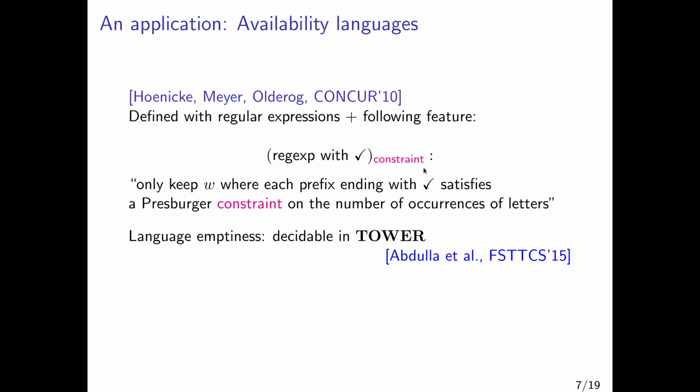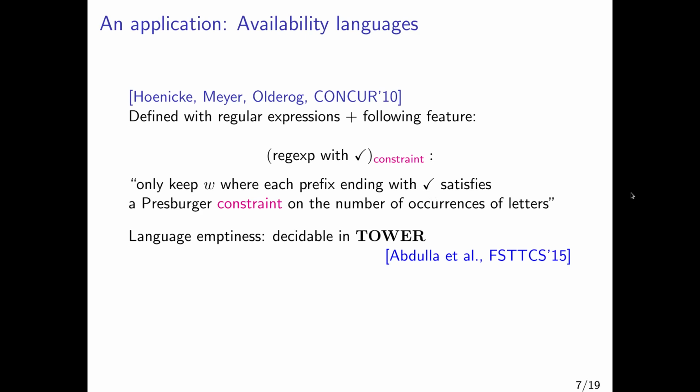And then the semantics means that among all the words that are generated by this sub-expression, you only keep those where each prefix ending with this check mark satisfies a constraint.